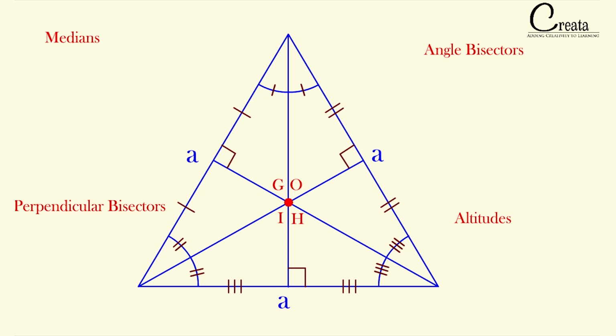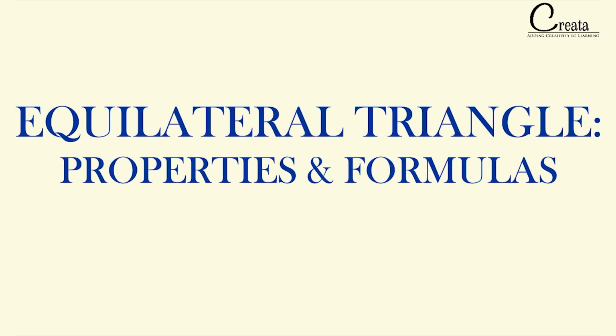All these points G, I, O and H will be the same. Got it? This is very important. All the line segments as well as the points inside the triangle are the same. Moving further, now let's see the various properties and formulas of an equilateral triangle.